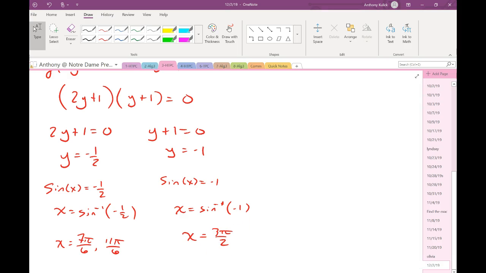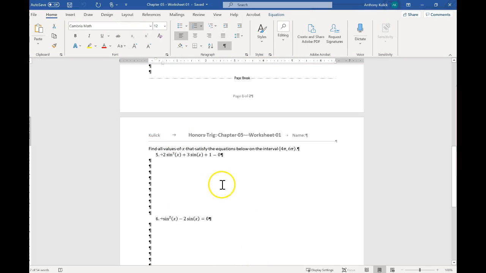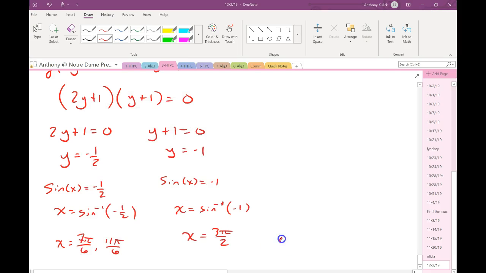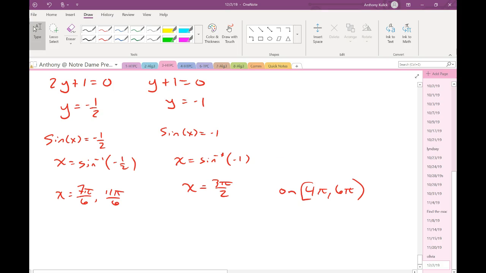Hold on real quick. Let me double check. And then we want our answers on the interval 4 pi to 6 pi. Are the answers I've given on that interval? No. So we need to find an answer coterminal to these that is on the interval.